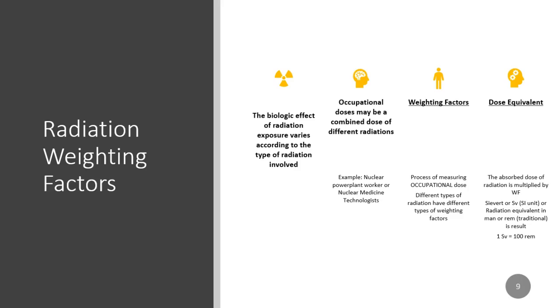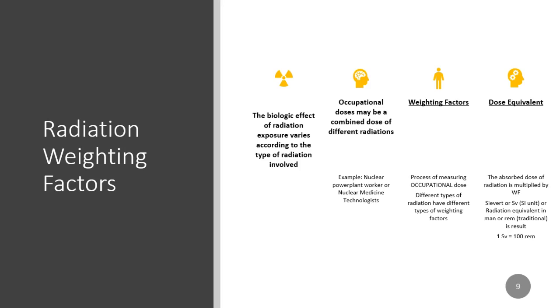So radiation weighting factors. The biological effect of radiation exposure varies according to the type of radiation involved. So occupational dose may be a combination of different radiations. So for example, nuclear power plant workers and nuclear medicine techs. So the weighting factors are a process of measuring occupational dose. So different types of radiation have different weighting factors.